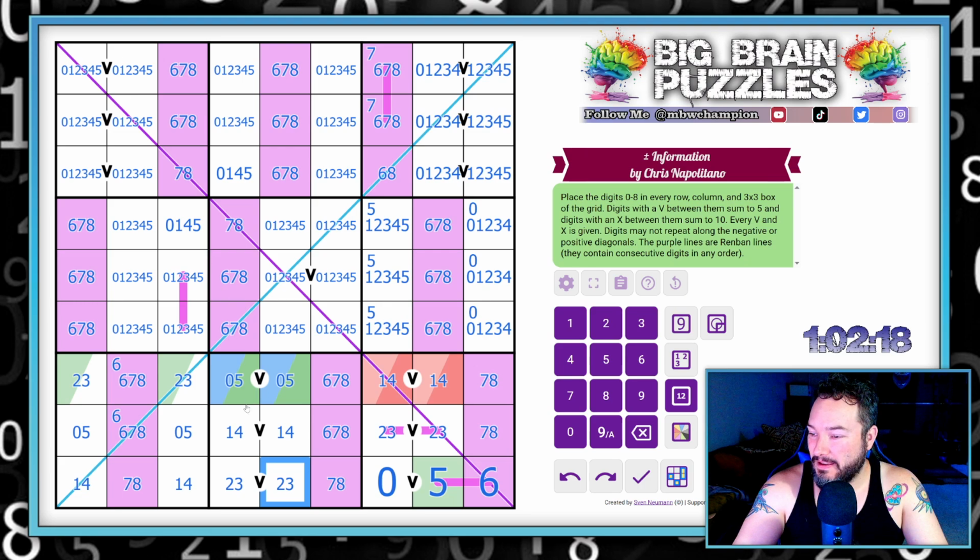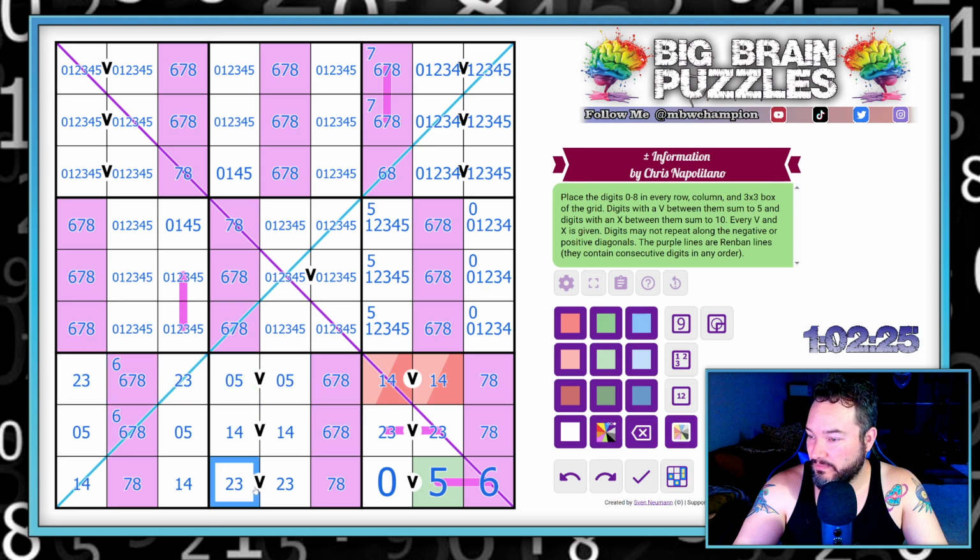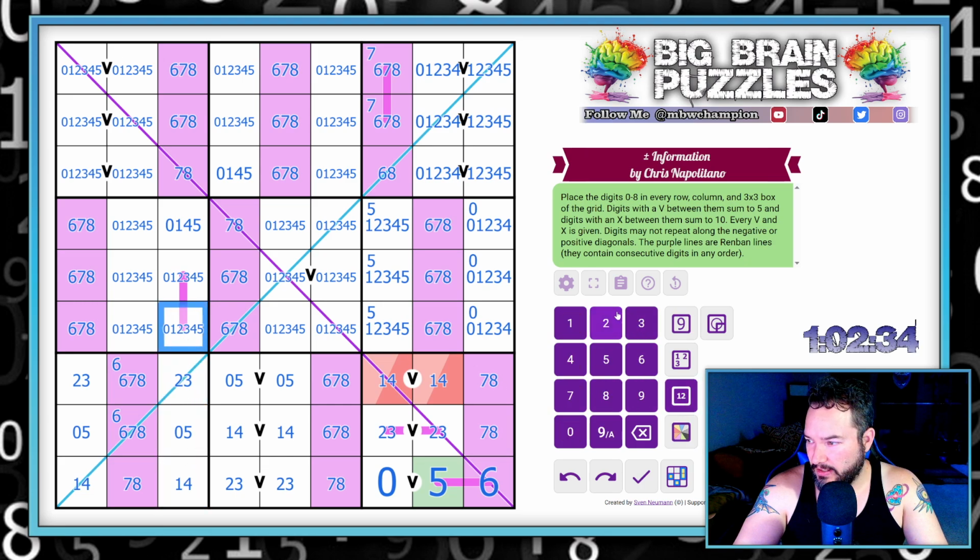Okay. Let's get rid of this coloring right here. All right. I can therefore say that this can't be a 2 or 3. Since the 2 and a 3 can't see this, this has to be the 2 and a 3.